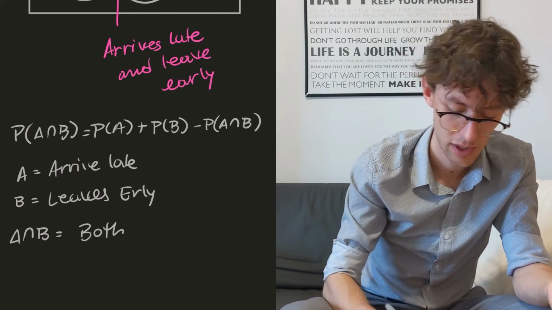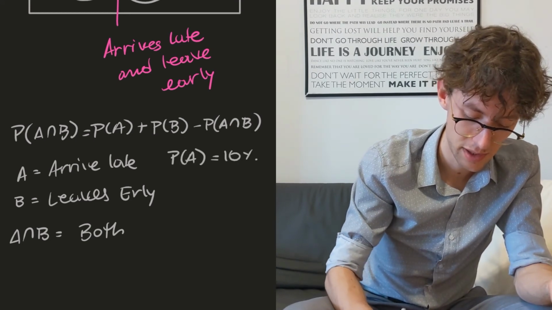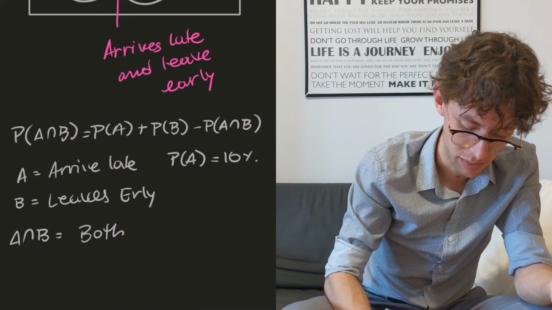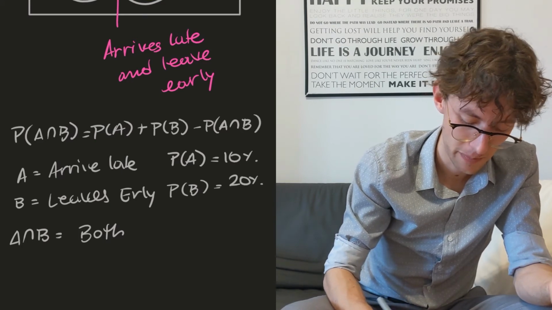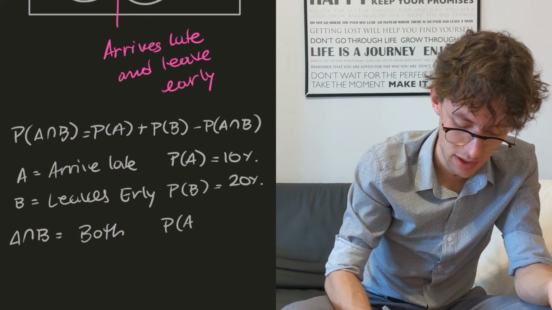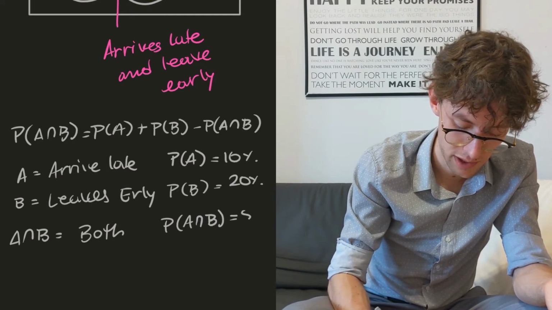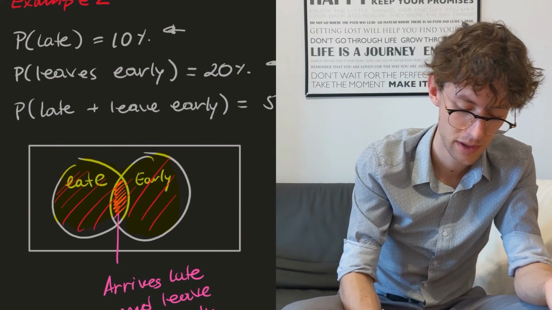Now we know that P of A is equal to 10%, as we mentioned up here. We know that the probability of B is equal to 20%, and the probability of A intersect B is equal to 5%. All of this was stated here, here, and here.